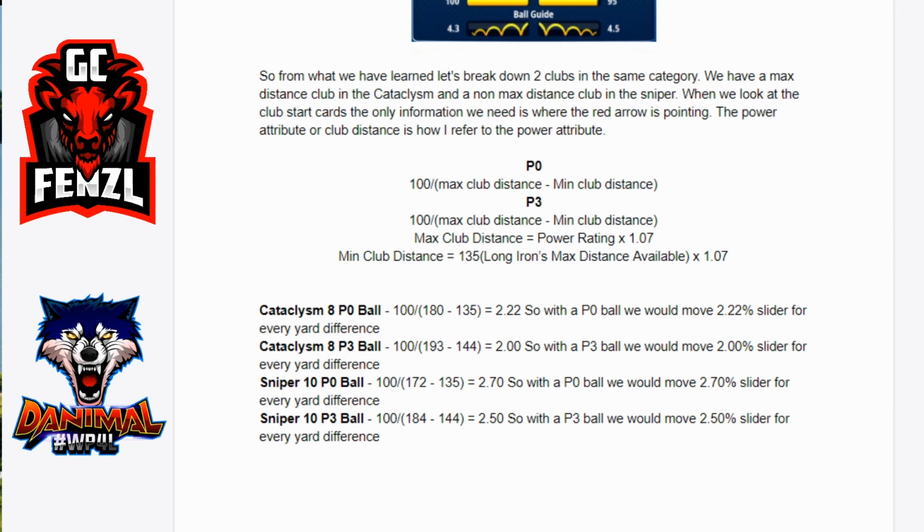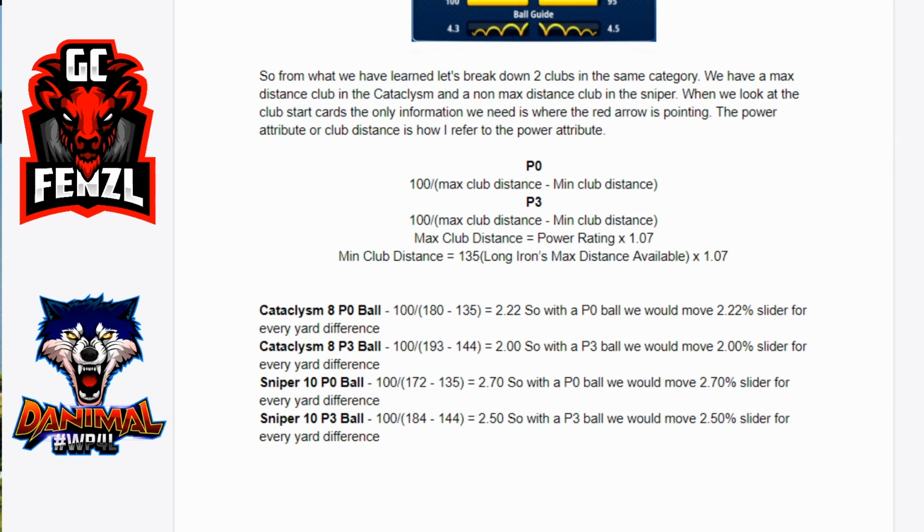Again, we'll show you that in the video, what we're talking about. This is how you find the calculations. I'll run through the next two a little bit faster. Sniper 10, basic ball. It's 100 divided by the max power of a sniper, 172, minus the min of a sniper, which is 135, and that comes out to 2.7.